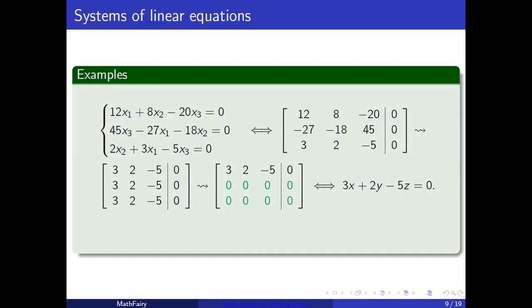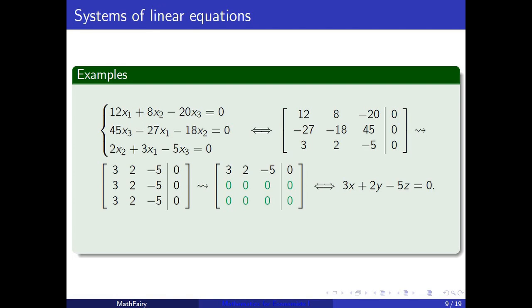Now we can have more than just two equations to deal with, so in this case we have a system of linear equations with three unknown variables. Now notice that in here x1, x2 and x3 are in different orders in each of these equations. So if we write down this coefficient matrix, we would end up with this one here.